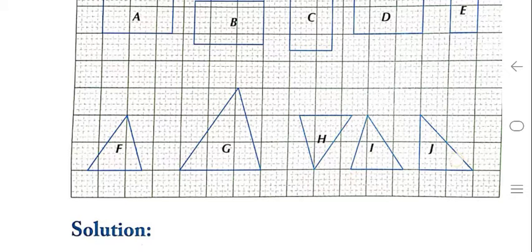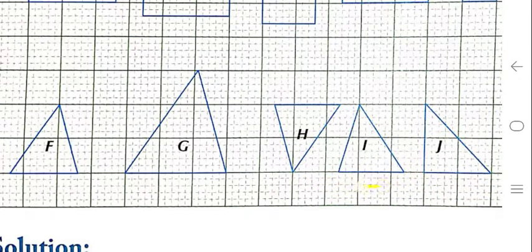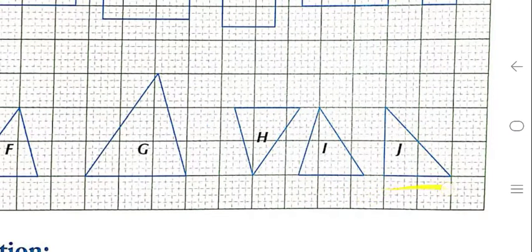Now for J, we can notice when you compare with triangle I that they are almost the same. They are the same height, but they don't have the same length of base, right? The length of this base is 3 plus 5 plus 2, 10. Oh, this one is 10 also? Yeah, 10 also.